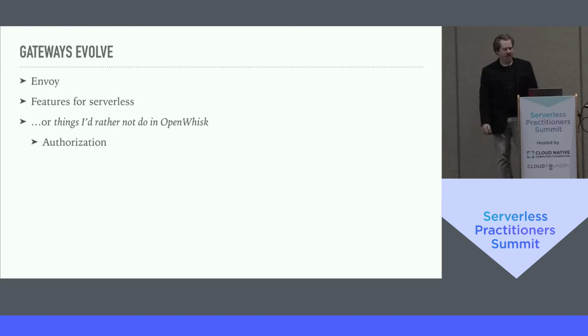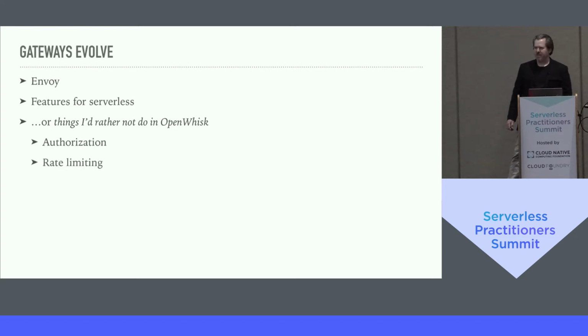So things like authorization and rate limiting. These are boilerplate functionality that is required by any serverless platform or any API gateway in general. So why should we handle that in the serverless platform? It would be great to use Envoy for that.